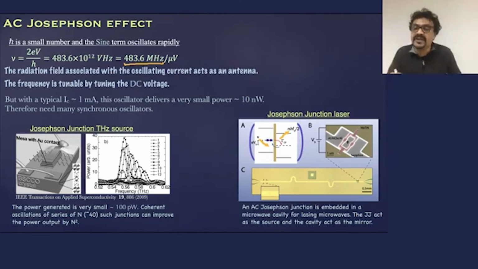This Josephson junction can actually emit and absorb both, okay. So you have a kind of an artificial atom which actually can emit and absorb the radiation which is embedded in a cavity, and this is going to basically give you lasing action of microwave that is basically gated by the Josephson effect, okay.